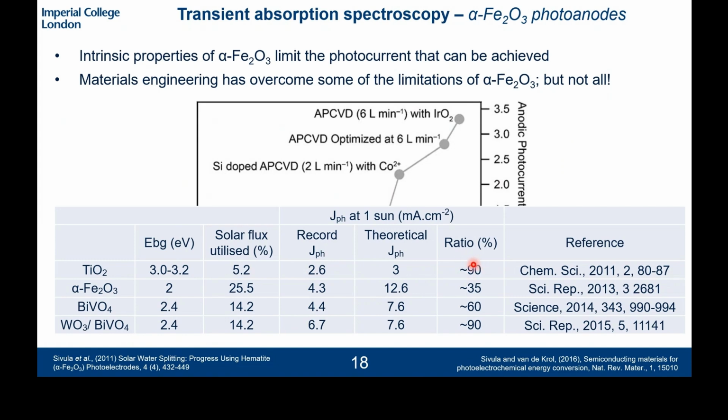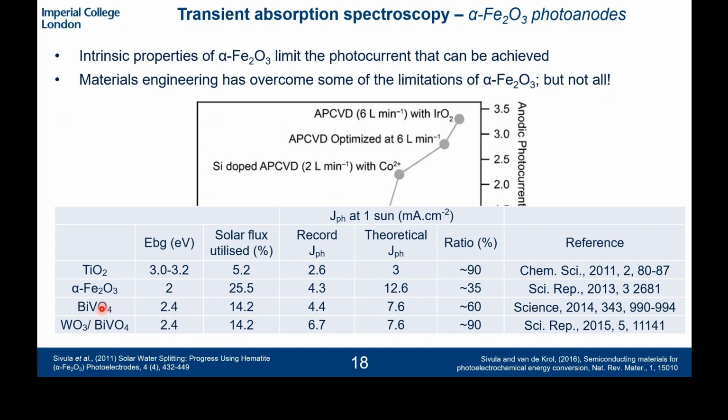So there are very few losses in titanium dioxide, but it's hugely limited by its very wide optical band gap. Then hematite, there are much bigger losses because of poor charge transport and so forth, and poor catalytic efficiency on the surface, and we can only achieve roughly a third of what is theoretically possible.